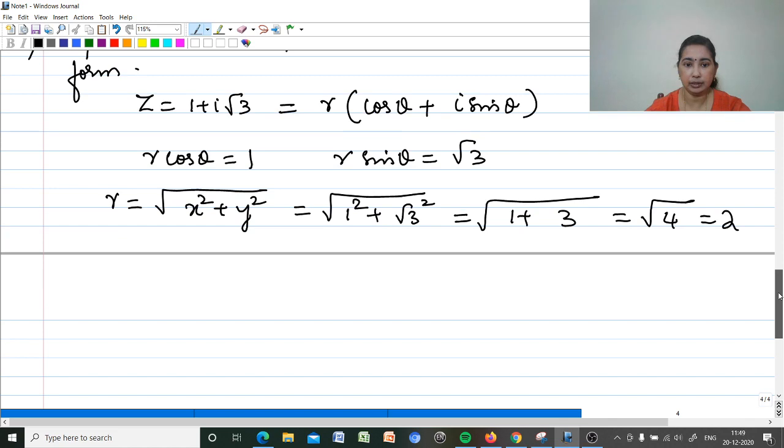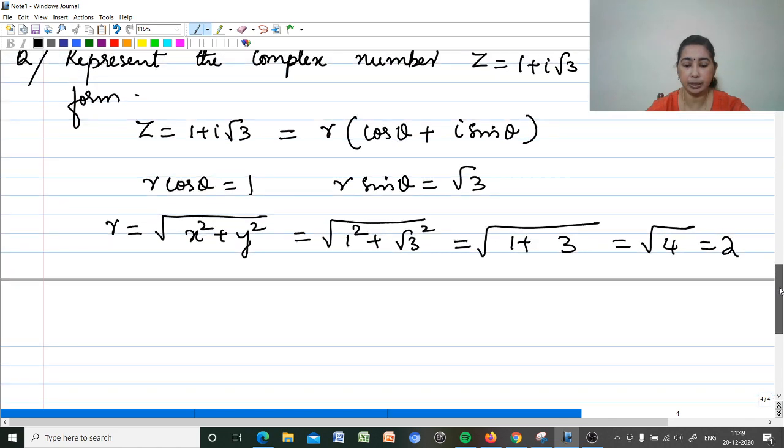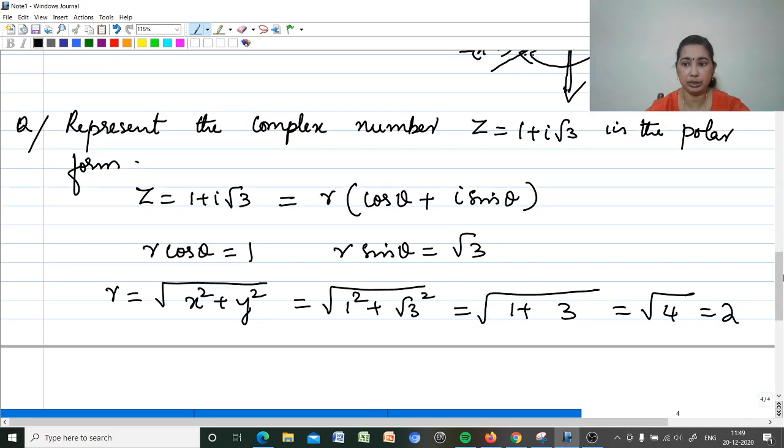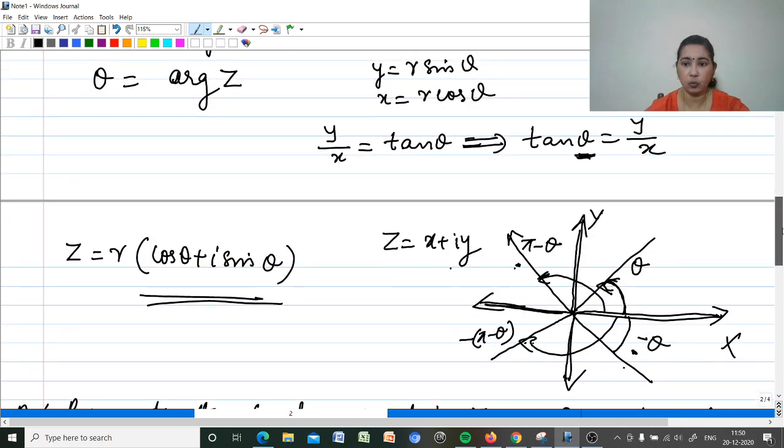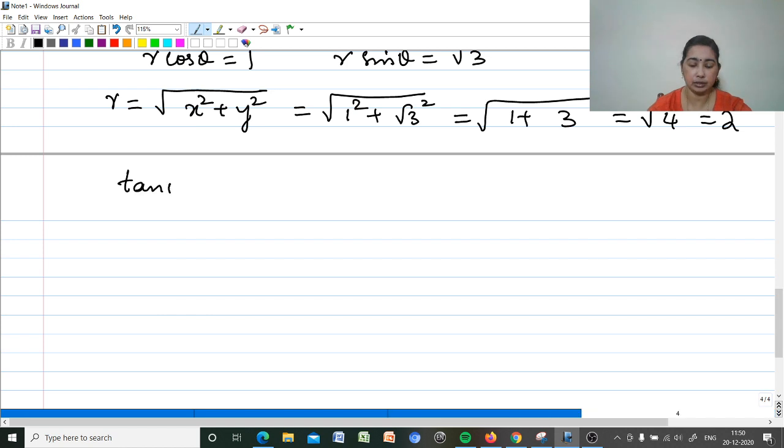So we'll find tan theta. Tan theta is y by x. Y is root 3 and x is 1.